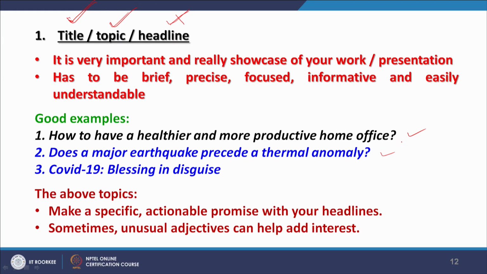Now, let me give you an example of a false headline. Many times in newspapers or elsewhere, they put up a headline that may immediately grab the attention of the reader, but when you go through the text, you find that the headline does not match it. This is not good.